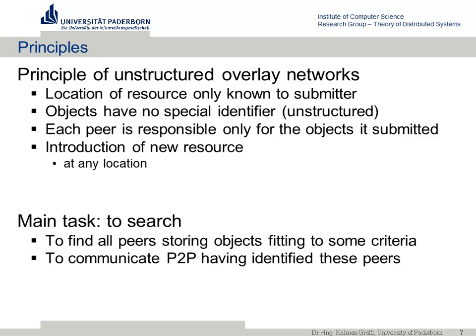So the main task, because now you have a distributed network and the nodes have some links to each other, is: how do I find something I'm looking for? That also refers to the term search or keyword search, because you can define several keywords that you are looking for, or some more complex matches.